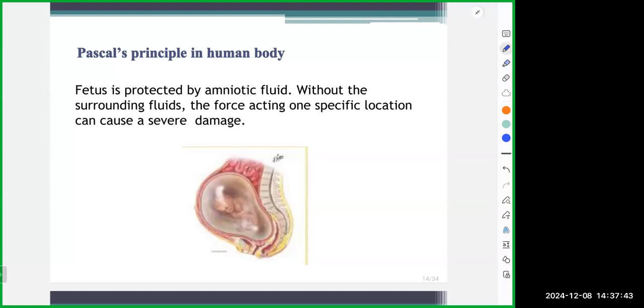For example, if the fetus shakes or moves or touches, the pressure of the fluid would carry that pressure all over the surface, not just to one point.